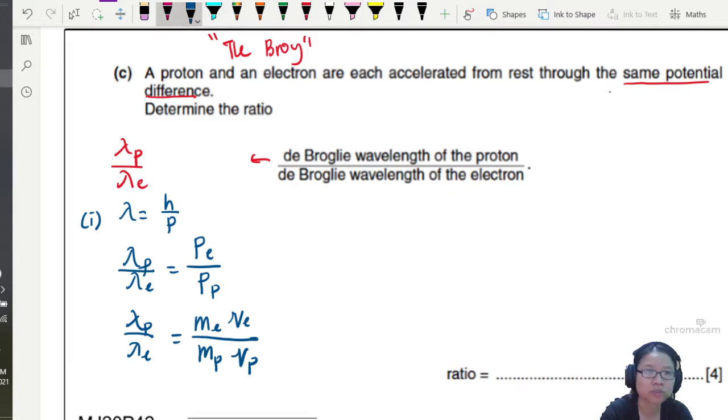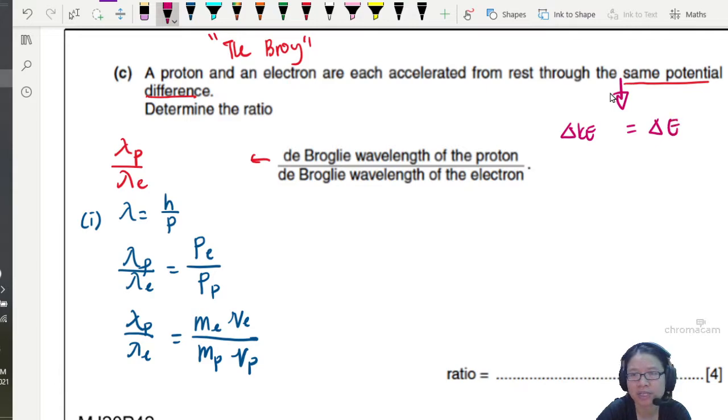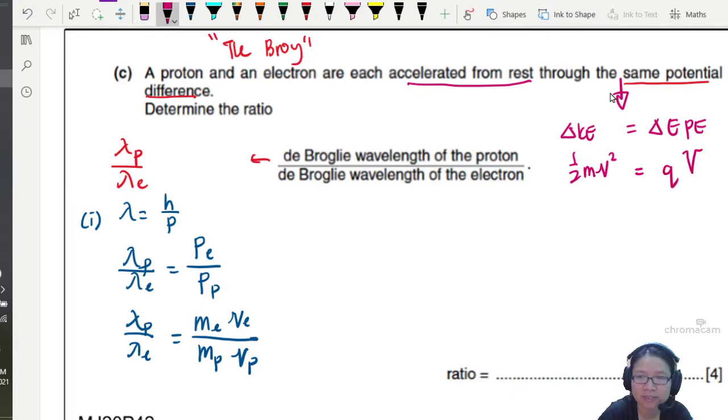So from here, I'm going to change color a bit. Same potential. I can say that the change in KE is equal to the change in electric PE. We are talking from rest, so this is half mv square. Change in EPE is QV.